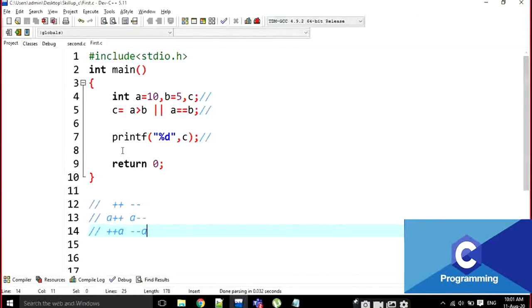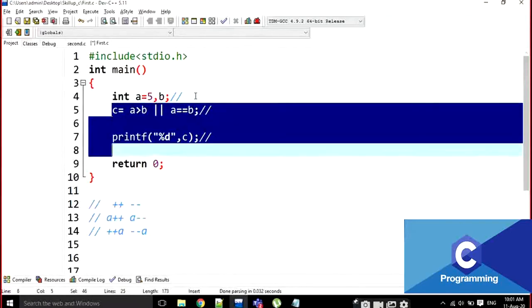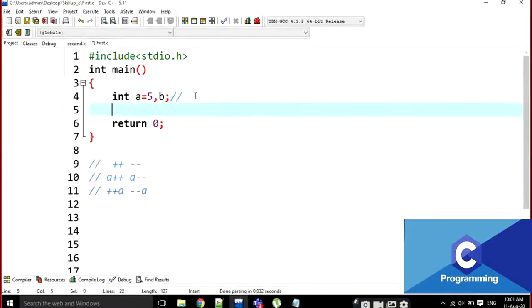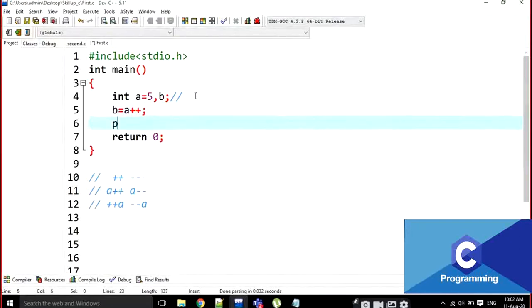Okay. Now I am going to write here. Now I am going to do some operation. B is equal to A plus plus, and I am going to print here percentage d and percentage d.